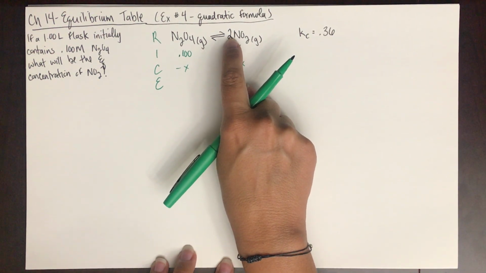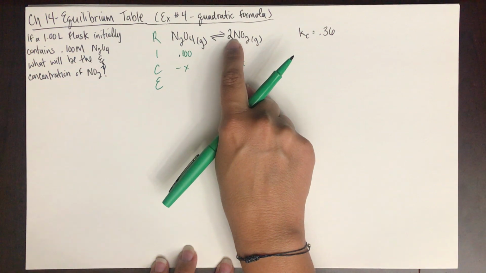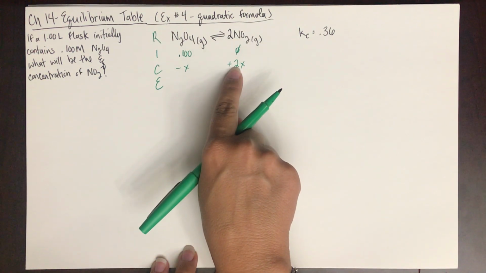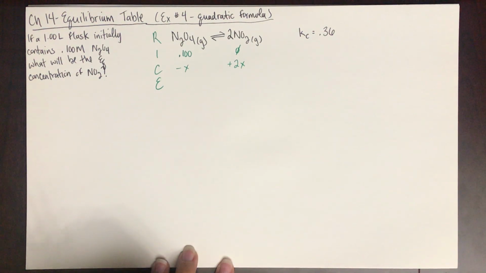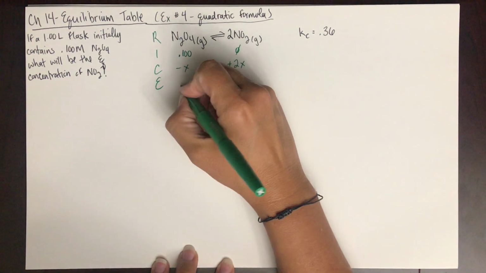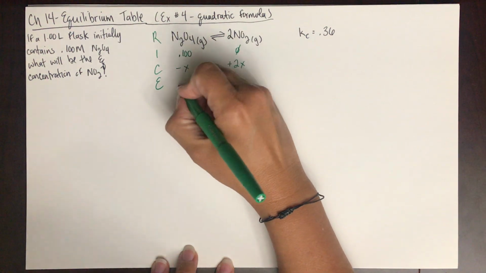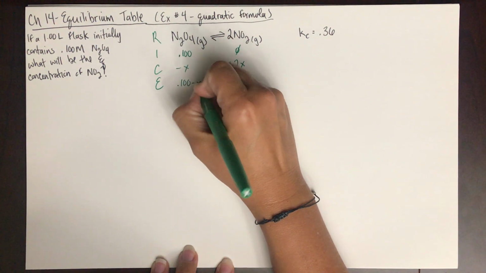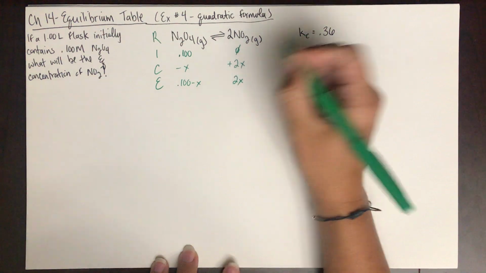A lot of people will forget this. This is where you will make the most mistakes in your calculations, is you will not remember to use the coefficient as the change. That, and also not remember to use the coefficient as the exponent. So then we're going to write the equilibrium concentrations, 0.100 minus X, and then 2X.